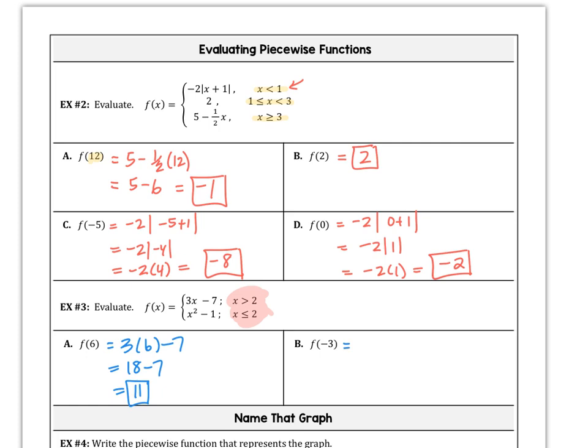On the next one, -3, that's less than 2. So that would be (-3) squared minus 1, which is 9 minus 1, which is 8. So be careful when you plug in a negative that you use the parentheses and the exponent goes on the outside, because if you forget that, then you've got a problem.